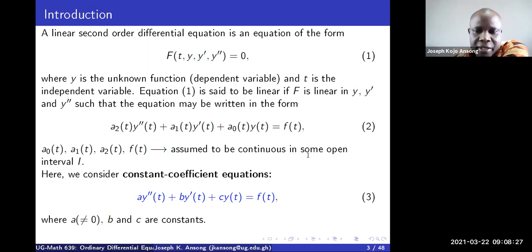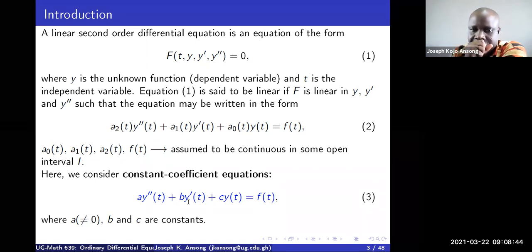In what we are going to do, we are going to look at constant coefficient equations where these coefficients a2, a1, a0 are constant, so that the equation becomes ay double prime plus by prime plus cy is equal to f of t, where of course a, b, and c now are just constants. So we'll be looking at equation 3 for the most part of this lecture.